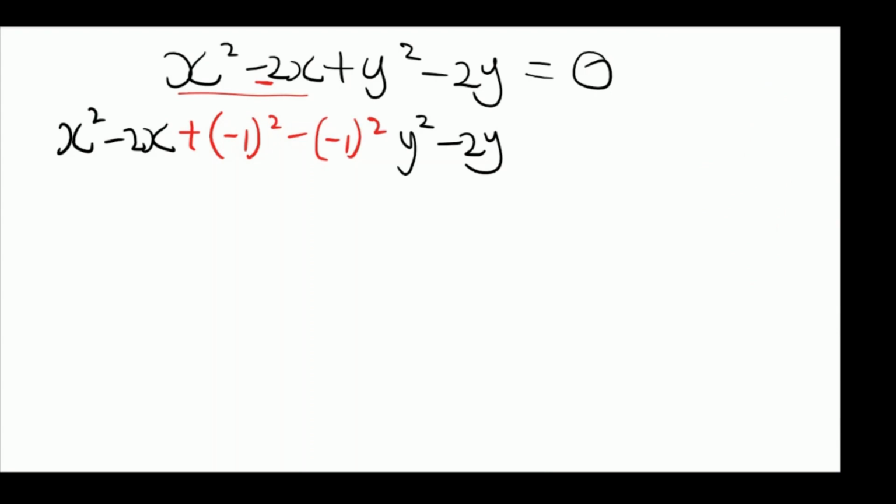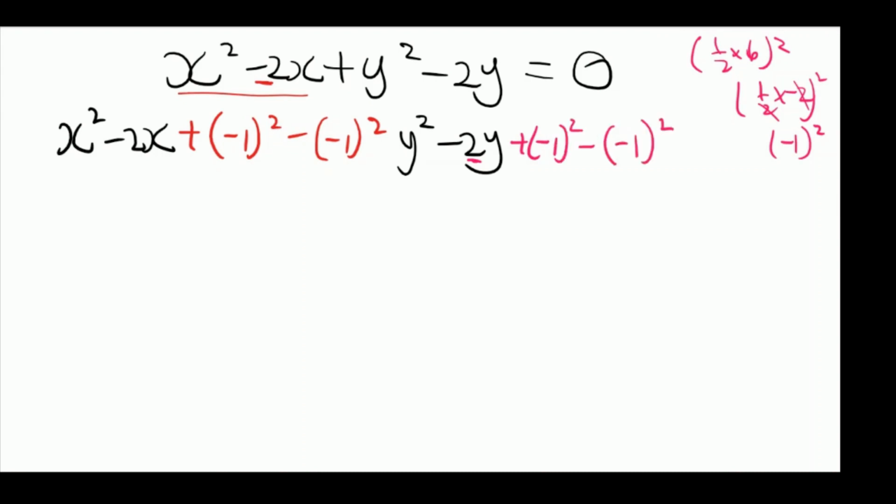I'm going to say 1 over 2 times b all squared, and our b here is minus 2, so it's minus 2 all squared. So we're going to have minus 1 squared, right? Because it's negative 2 and the 2 will cancel out. So it means now that we're going to add the minus 1 squared and subtract it again, minus 1 squared. So the entire equation is equal to 0.